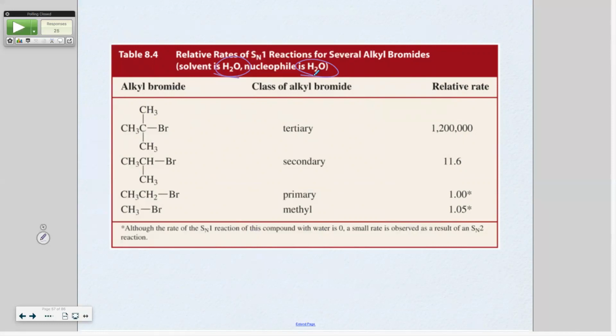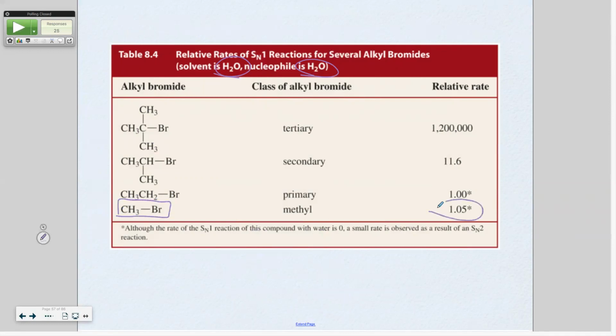So who remembers why tertiary carbocations are more stable? More substituents makes sense. More substituents help stabilize it through induction and hyperconjugation. Okay, now down here, you see this one?